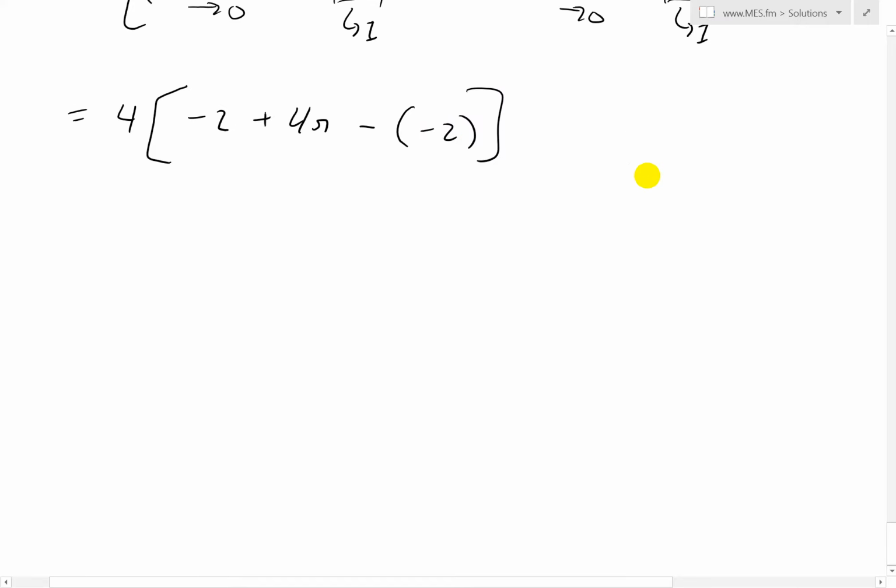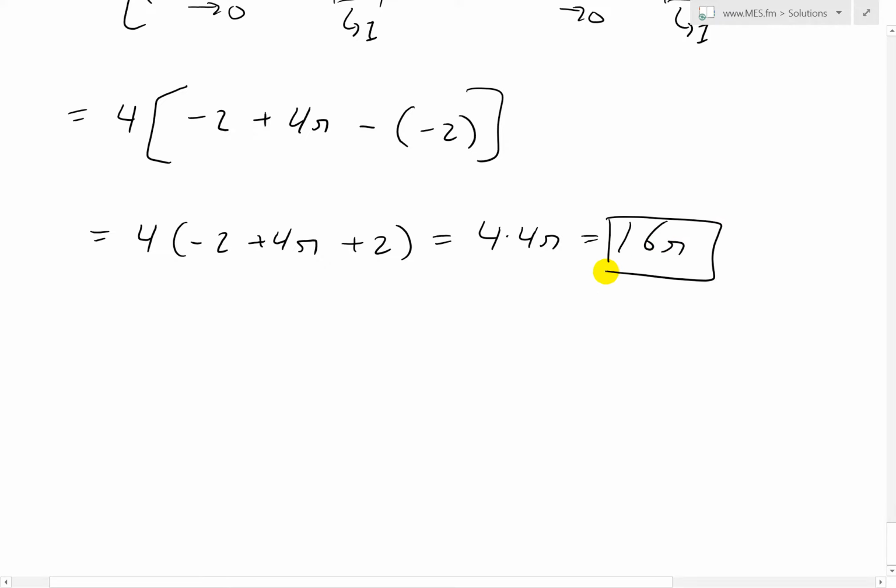So we get 4 times negative 2 plus 4 pi plus 2. Now these 2's just cancel. So we're equal to 4 times 4 pi, which equals 16 pi.